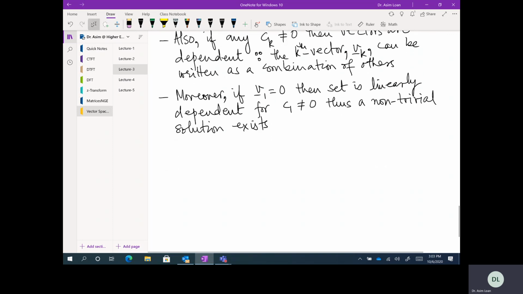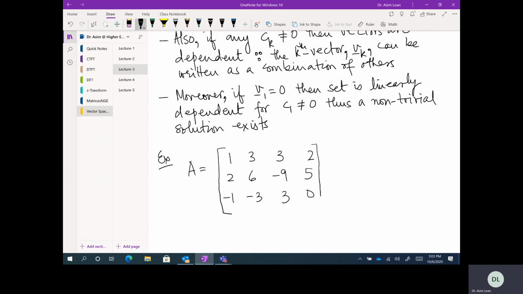Okay, good. Let's look at this example. A equals 1, 3, 3, 2; 2, 6, 9, 5; and -1, -3, 3, 0. This we have done before actually. So this column and this column: A2 is 3 times A1.